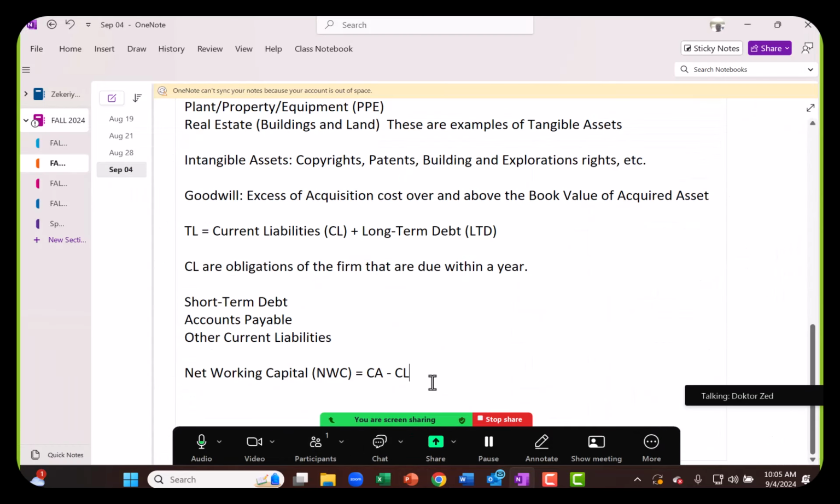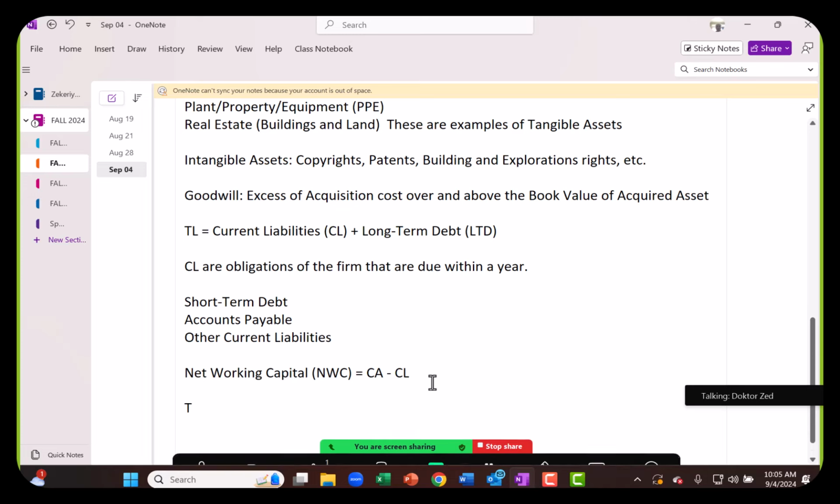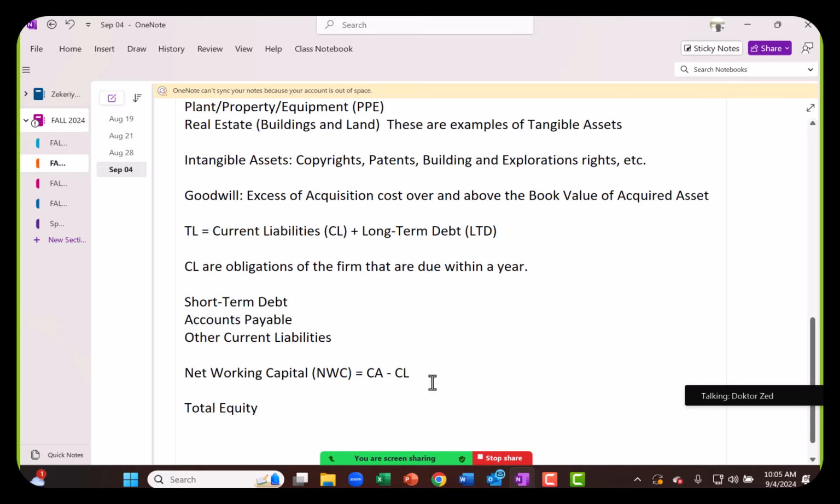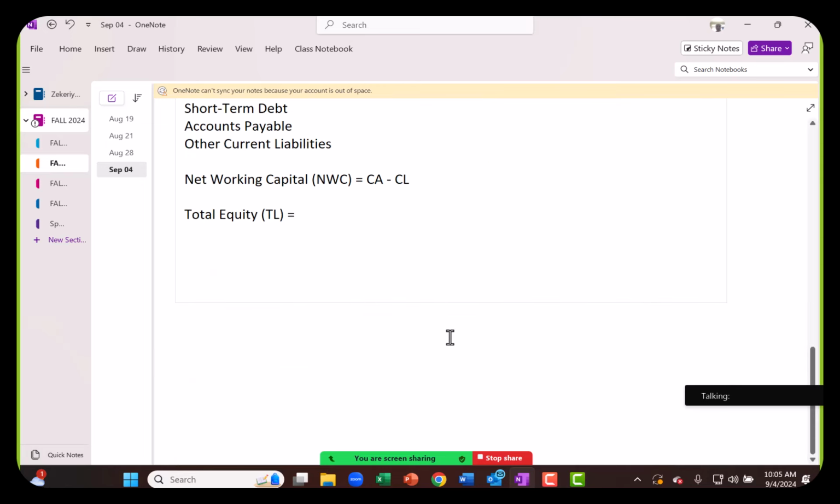And the rest of it, we have total equity. And this is typically common stock plus paid in surplus.